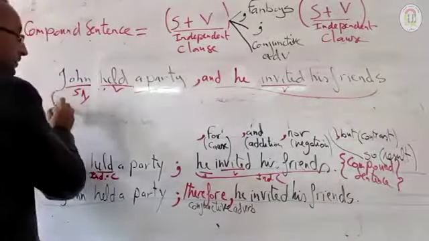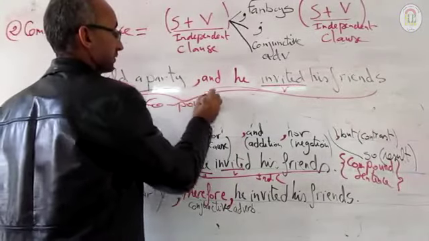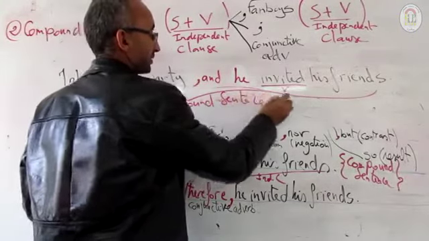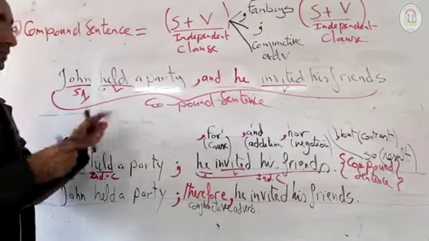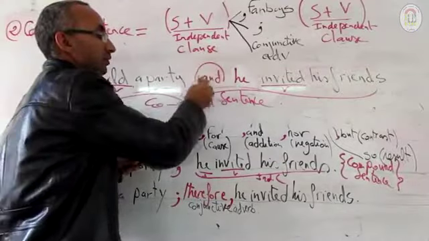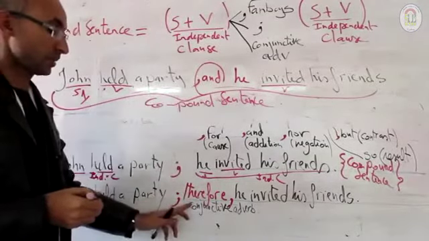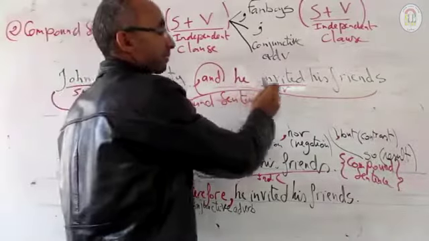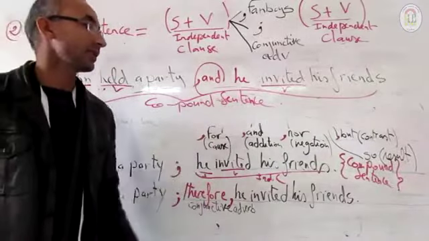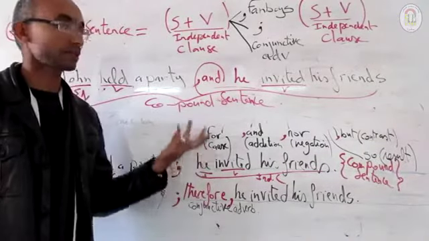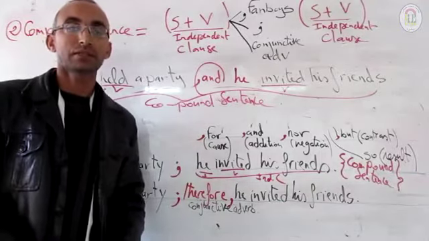A compound sentence: S plus V, then one of these elements, semicolon or fanboys or therefore, and S plus V. And this is simply the structure and the form of my second type of sentences. I mean the compound.